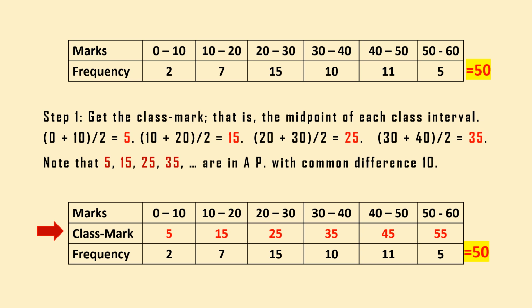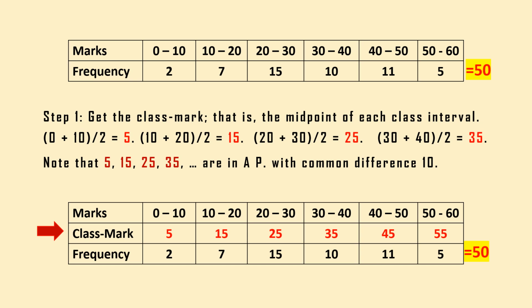Whatever the common difference, that is what we call an AP. In an AP series you get 5, 15, 25, so the common difference should always be 10. Even without calculating, 15 plus 10 is 25, 25 plus 10 is 35, 35 plus 10 is 45, and you can go on writing.